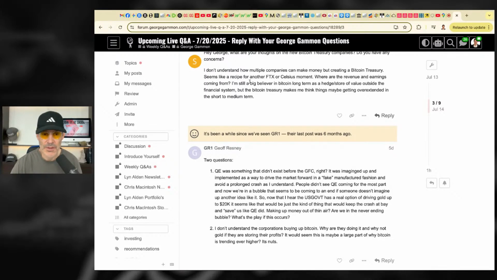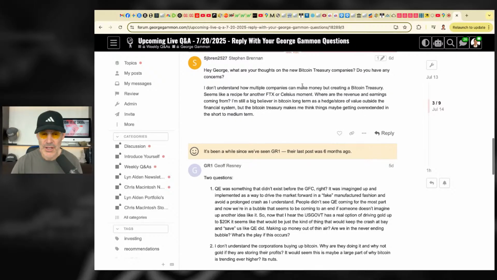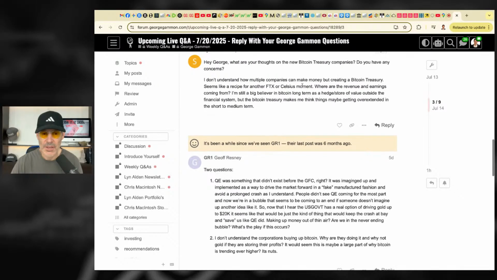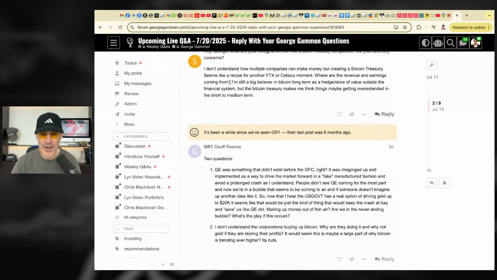Where are the revenue earnings coming from? They don't have them. See, this is another thing that the people that are bullish on these treasury companies don't talk about. Because, okay, if you sell equity, that's fine. But a lot of these treasury companies are selling debt. And, okay, so it's zero interest rate debt. Okay, well, not all of it. So in order to service this debt, you have to have money, right?